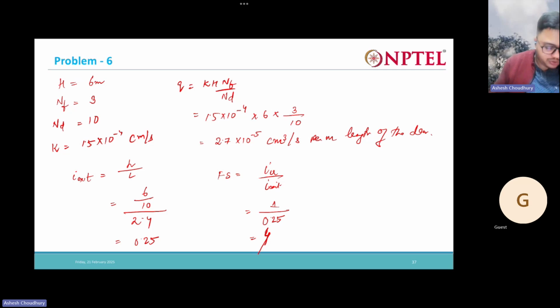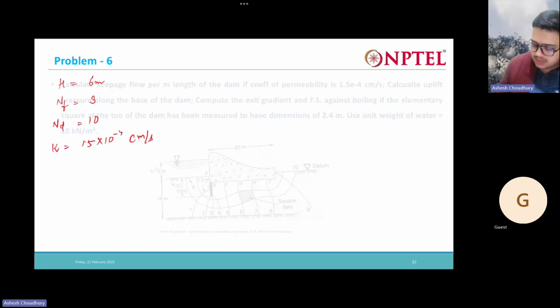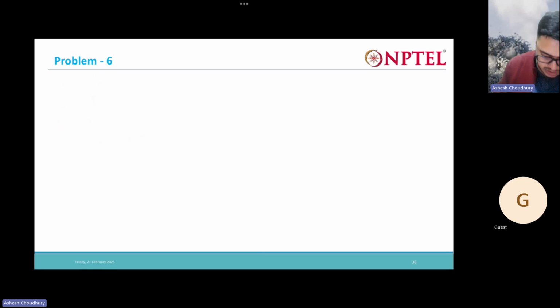Now we need to find the uplift pressure at all these points A, B, C, D, E, F. For that, we will make a simple table so that it will be easier for us. First we have the number of drops, then the total head.